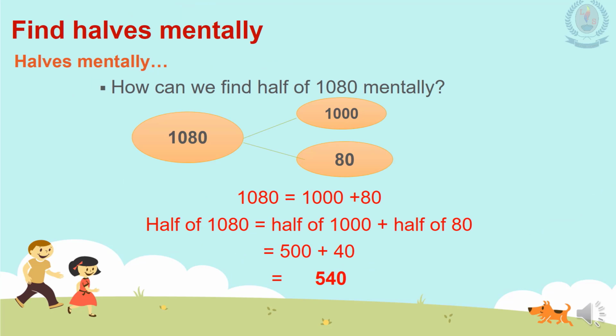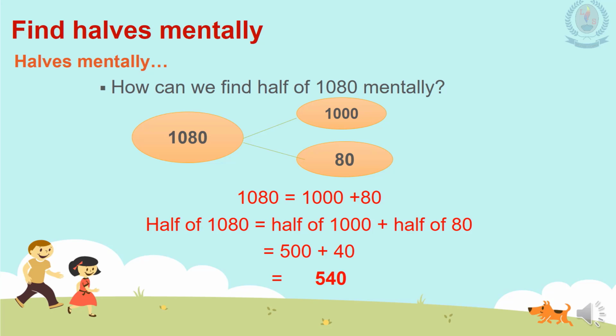Now we are moving to find halves mentally. Read the question first. How can we find half of 1080 mentally? First, my dear students, you have to remember that we have to regroup 1080 into 1000 and 80.